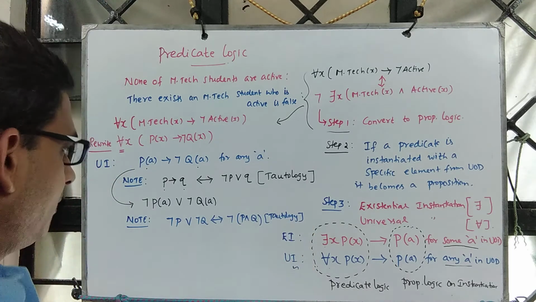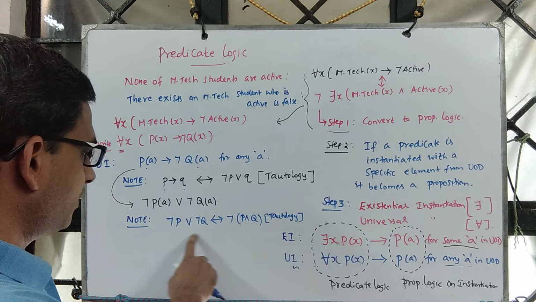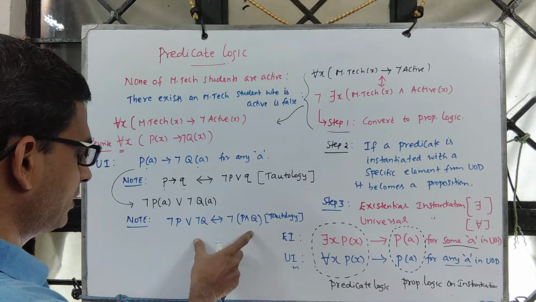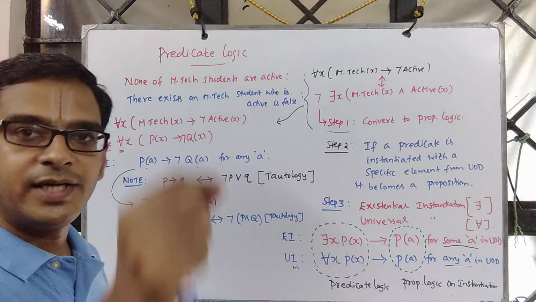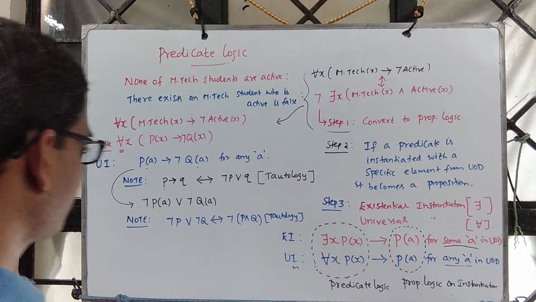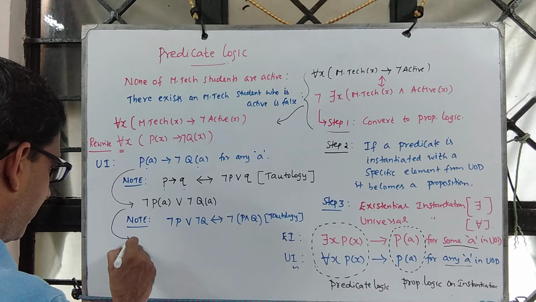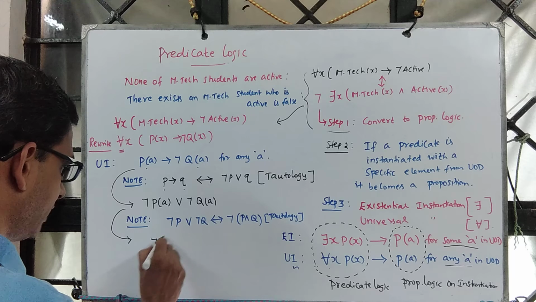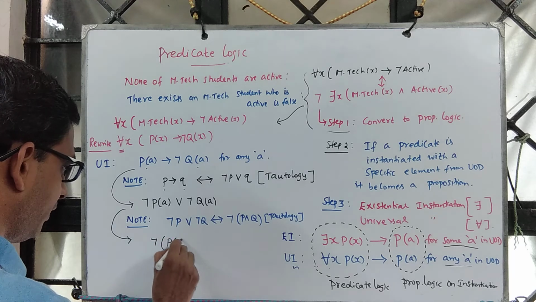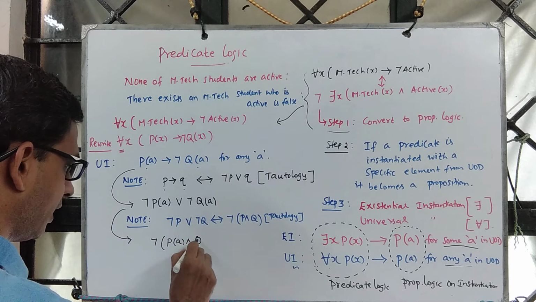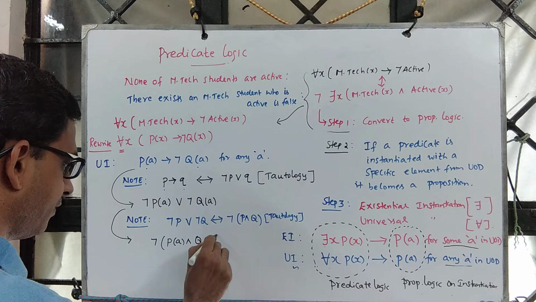Either refer to the scribe or look at the possible values for P and Q and look at this biconditional. You see that it is true everywhere. Which means this can be rewritten as negation of P of a and Q of a.